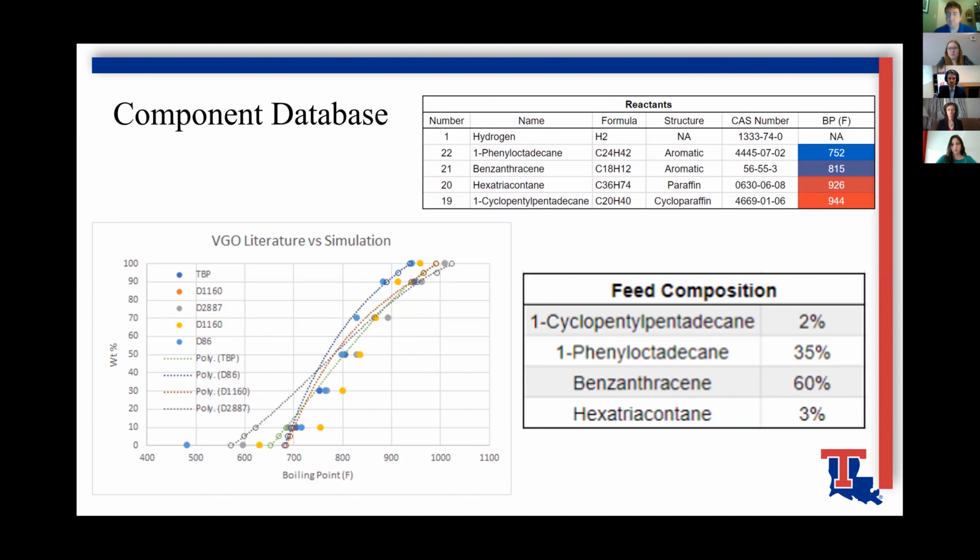This is from our different boiling points because of the different standards that are run in order for the VGO to be more like the literature. And so the feed composition, as you can see on our right, is made up of 4 components at those specific ratios.